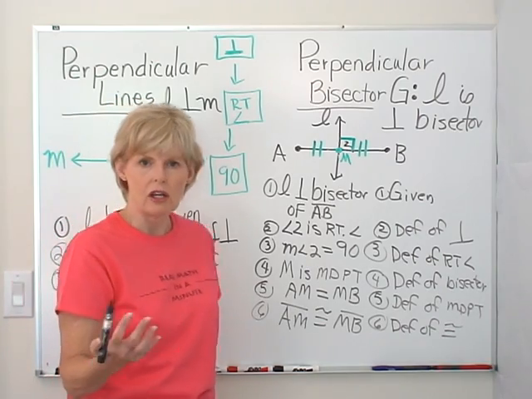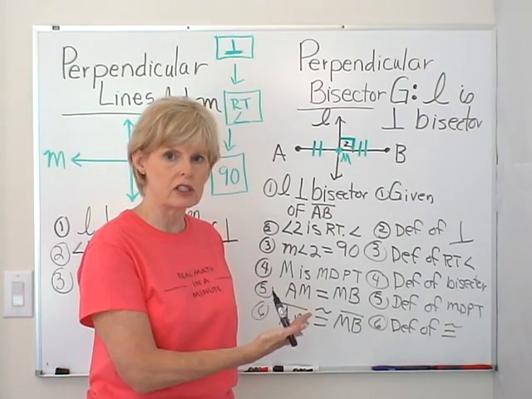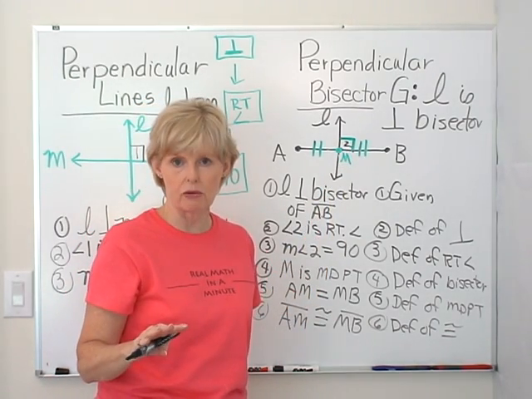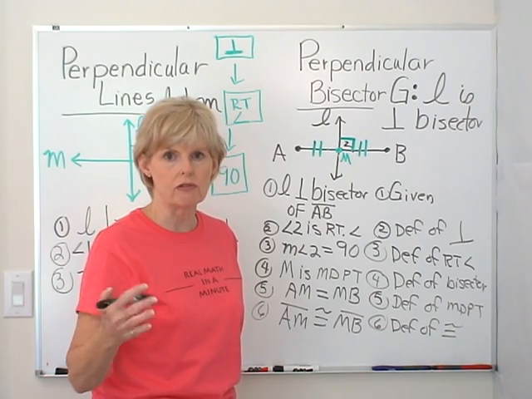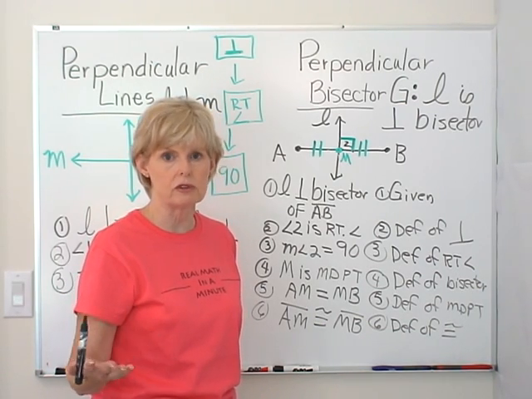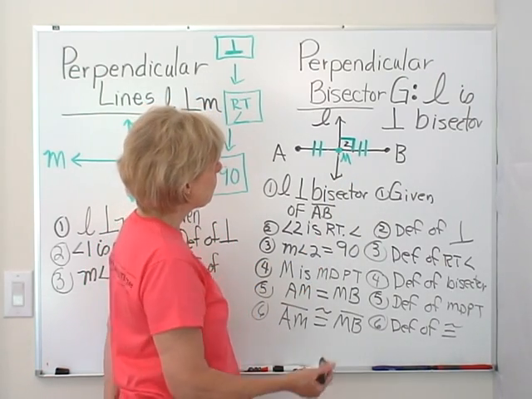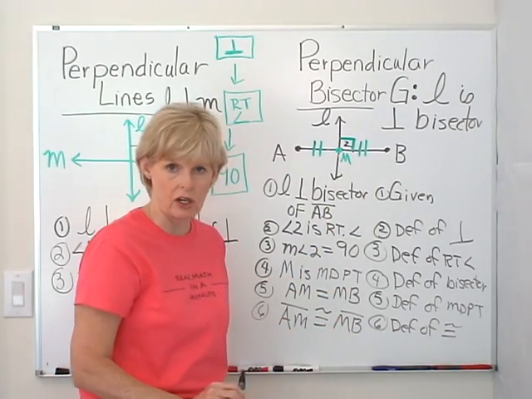So that is a very logical progression of how our thoughts work when we are given some information and always a drawing, always a diagram to go with it. It might be slightly different in different books and different teachers, but the thought processes will not change. You always want to have a diagram to go with your thoughts.